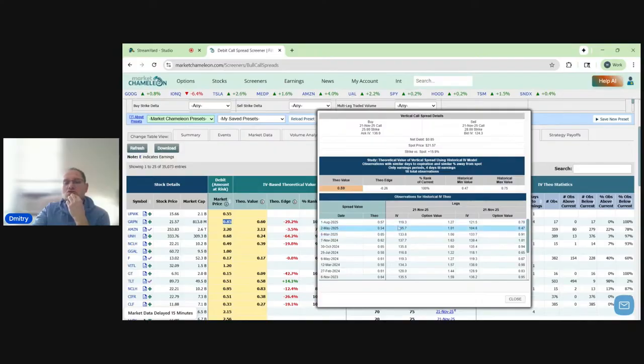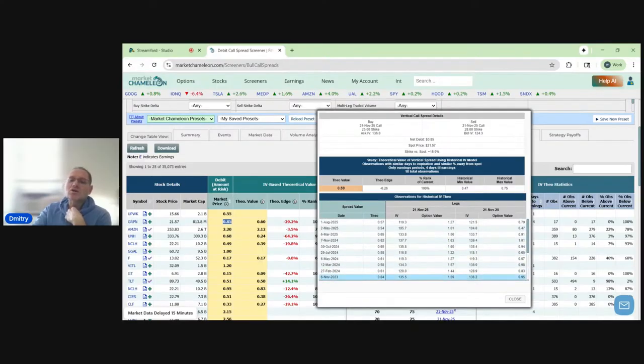So it's given an implied volatility, you could see, of one versus the other. And if we applied that implied volatility to the options today, this is what it would be worth: 57 cents, 54 cents, 65 cents, 62 cents, 60. So you could see it's going back in history all the way to 2021.